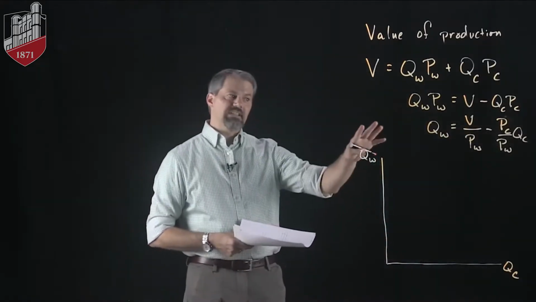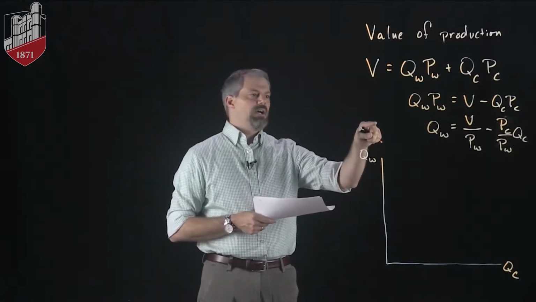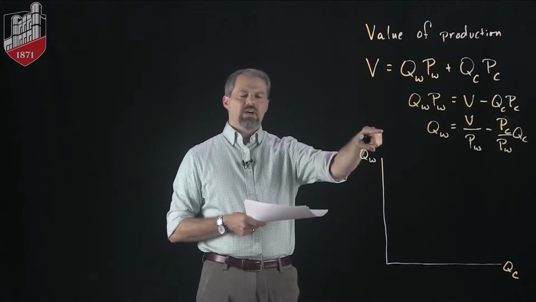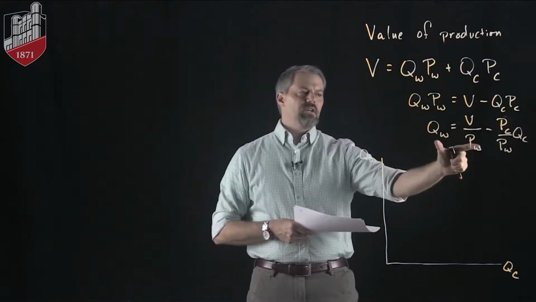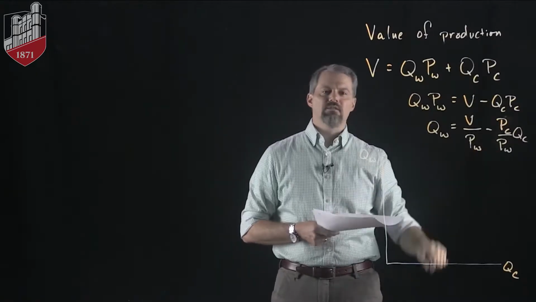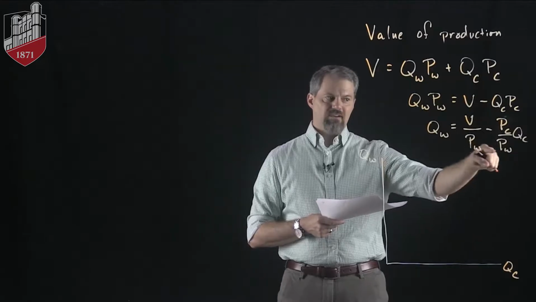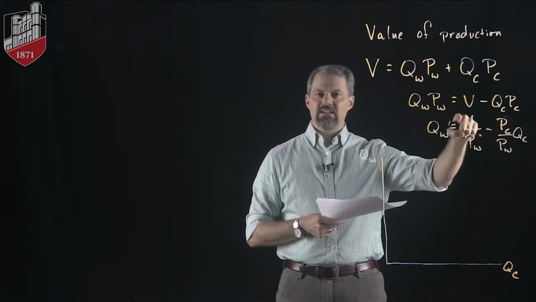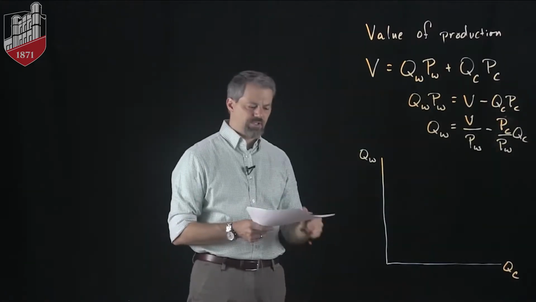And you should see that in a lot of ways, this is very similar to the production possibilities frontier that we just graphed. It's also very similar to what the equation of a budget constraint would look like. In that case, you would also have prices, but that V would be income. But other than that, it looks very similar, hopefully, to something you've already seen.